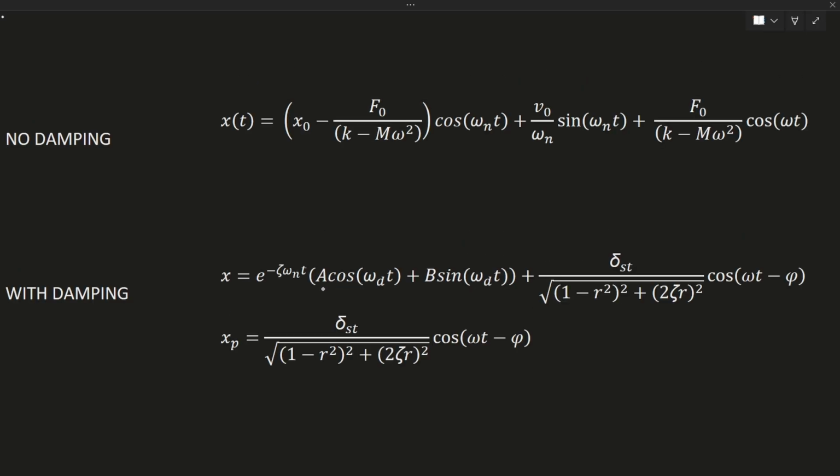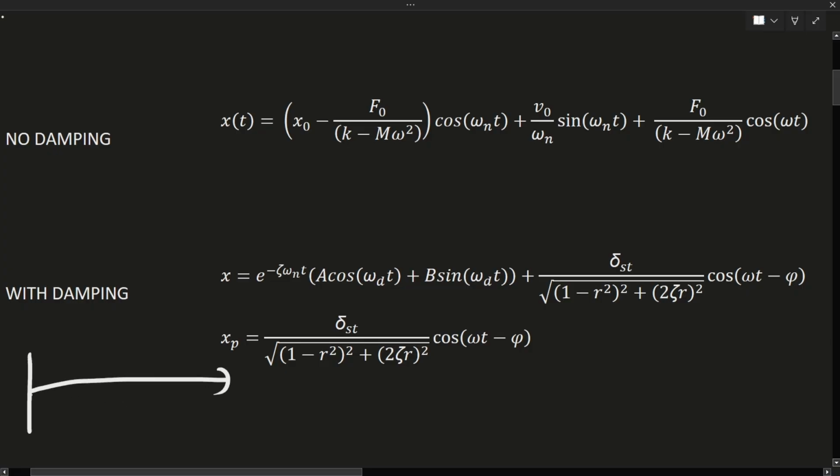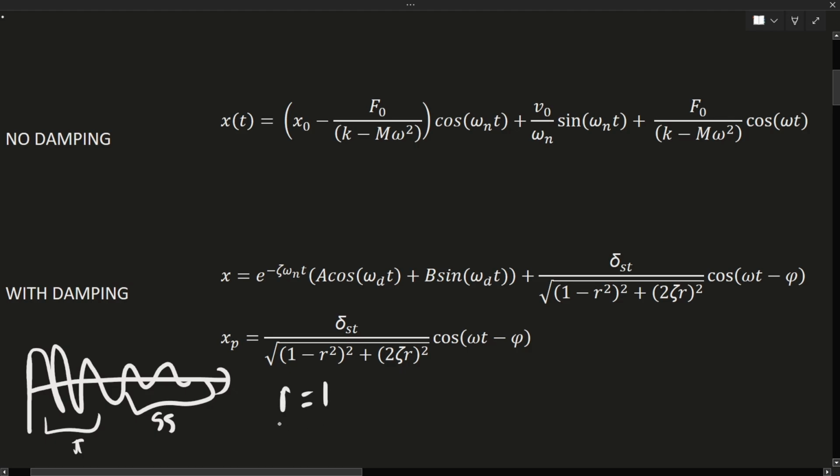Okay, one last thing that I forgot to mention is resonance, okay? What resonance means is typically it happens in the steady state, okay? So this part here is transient state. Resonance happens in the steady state. What it means is basically R equals 1. Either that or phi equals 90 degrees, but almost all of the time you just have to worry about R, okay?